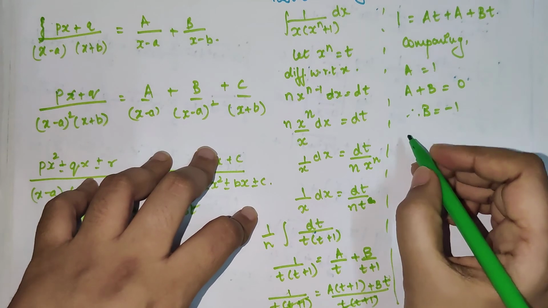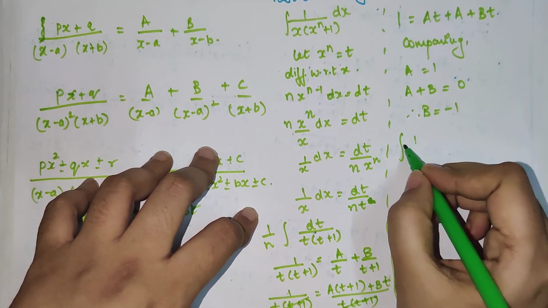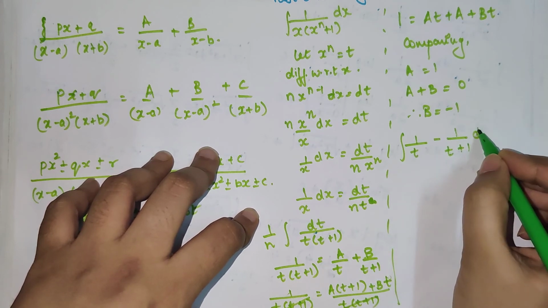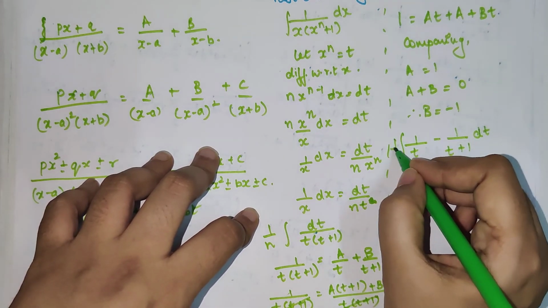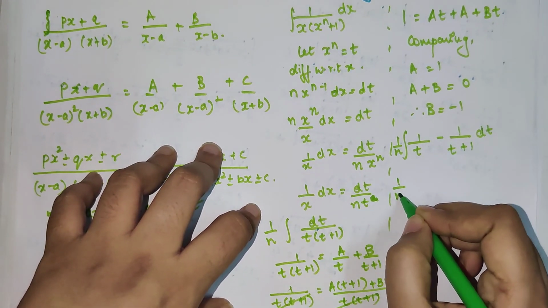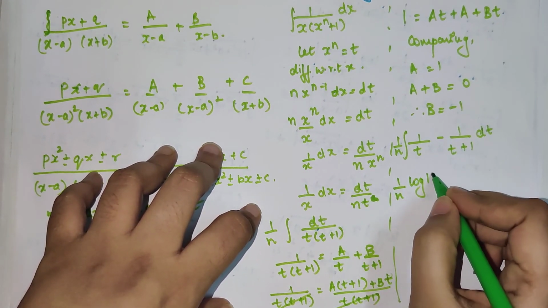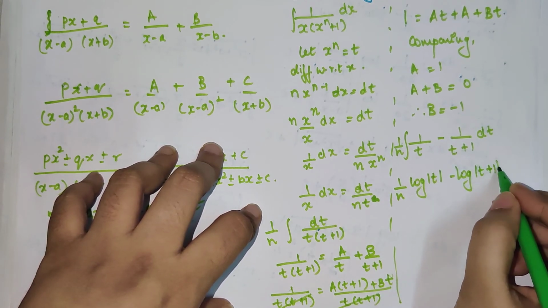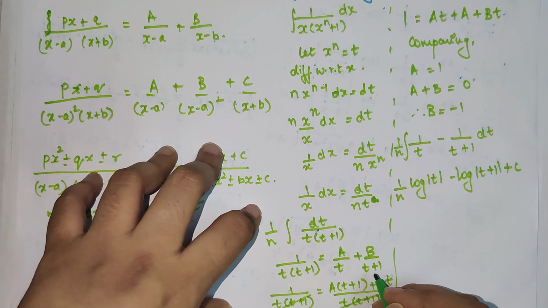So now my question changes to 1 upon t minus 1 upon t plus 1 dt, and 1 upon n was there. So my final answer would be 1 upon n log mod t minus log mod t plus 1 plus c.